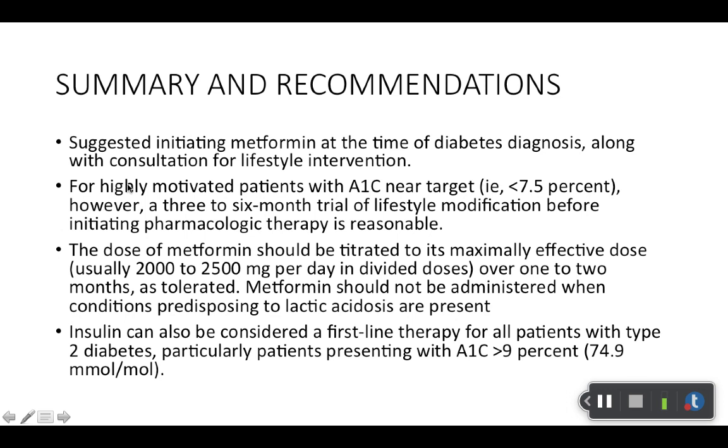The other thing with lifestyle modifications that goes a little bit against what the ADA said is that if a patient is heavily motivated, this has happened in my family. Type 2 diabetes, unfortunately, has a pretty strong familial presence on my mom's side.